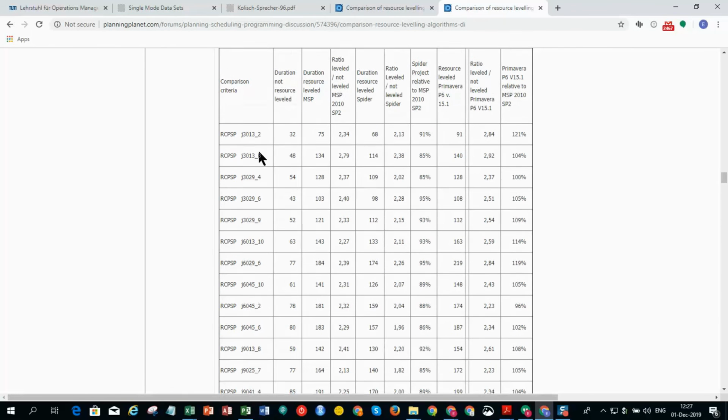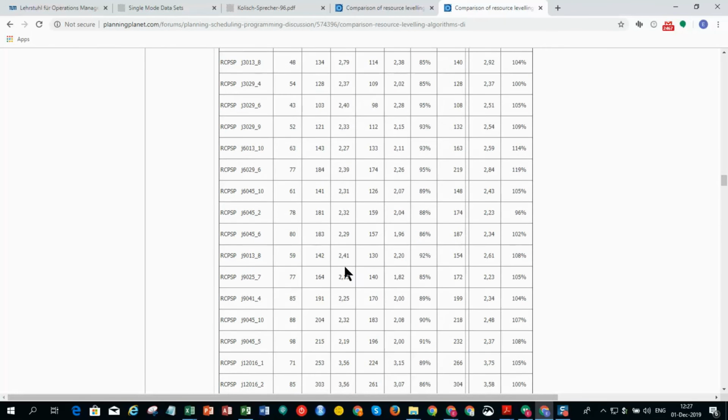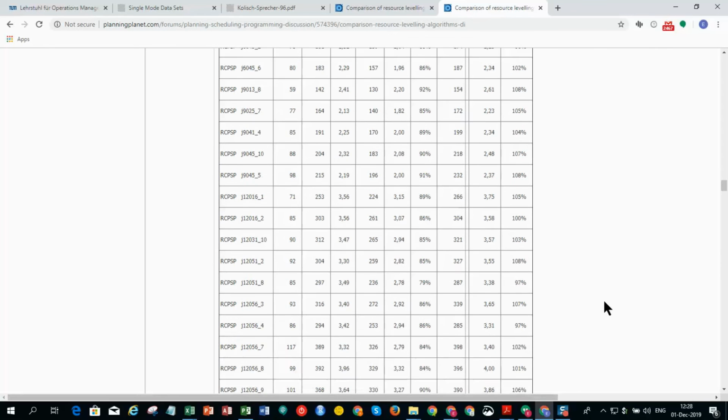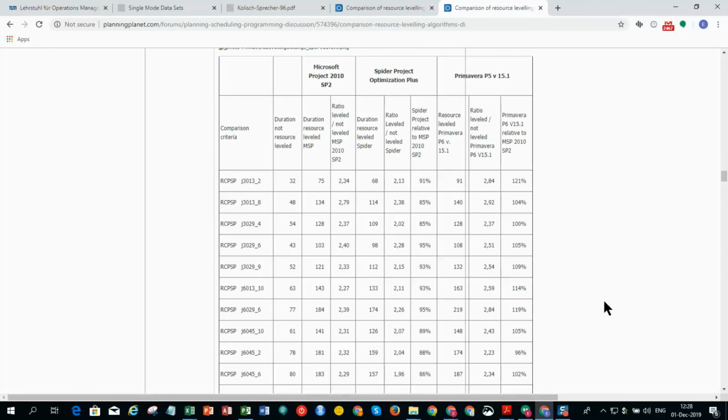Problems with 30, 60, 90, and 120 activities were included in the test. Spider Project produced the best results on every single one of these problems, meaning that Spider Project produced the shortest resource-leveled schedule on every single one of them. And now I'm going to demonstrate how it was done on one of these selected problems.